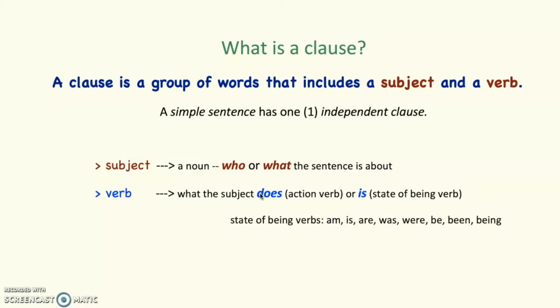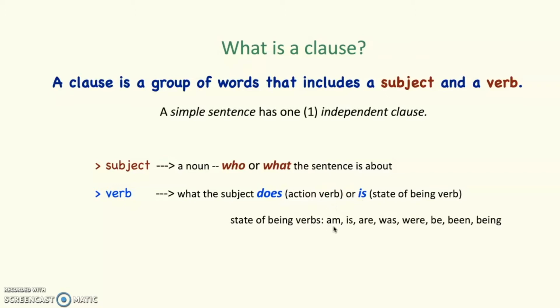The verb could be an action verb, something like walking or talking, but it could also be a state of being verb, such as just saying that something is something, such as he is a policeman.